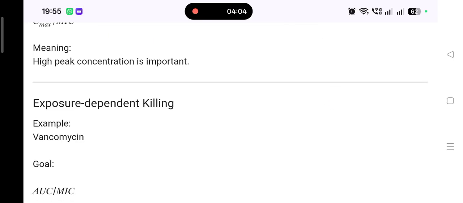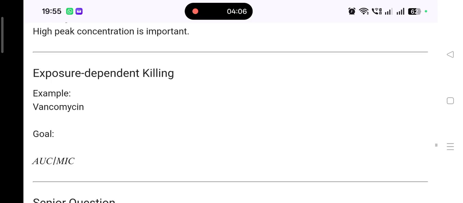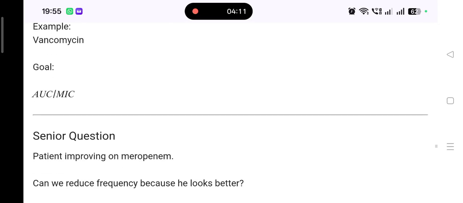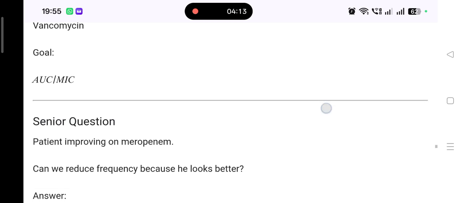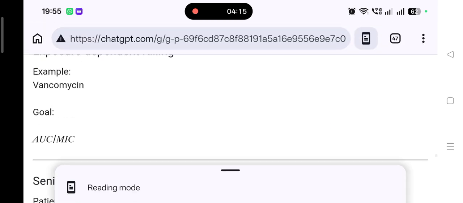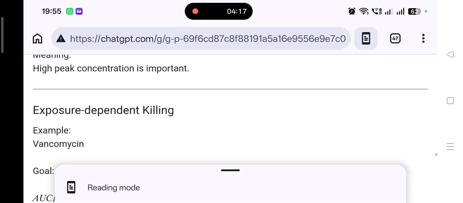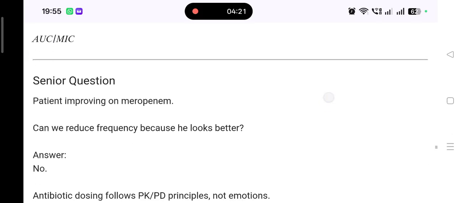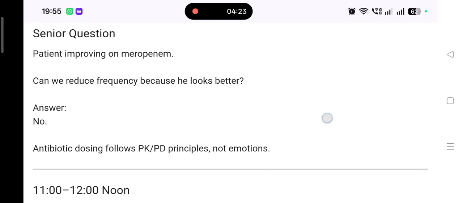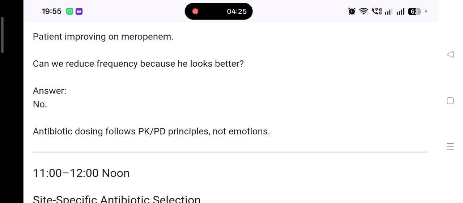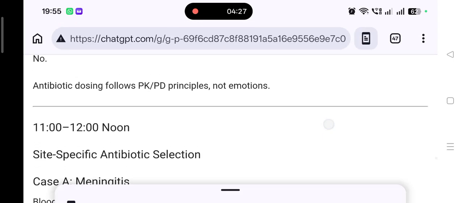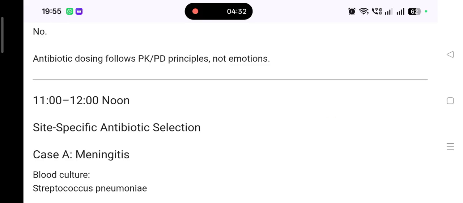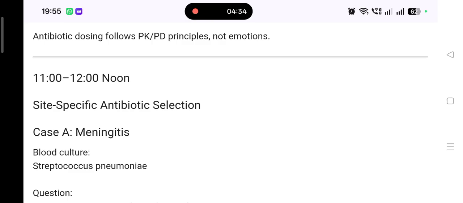Then exposure dependent killing, the example is vancomycin, and the goal is AUC per MIC. Patient improving on meropenem, can we reduce frequency because he looks better? Answer is no. Antibiotic dosing follows PKPD principles, not emotions.